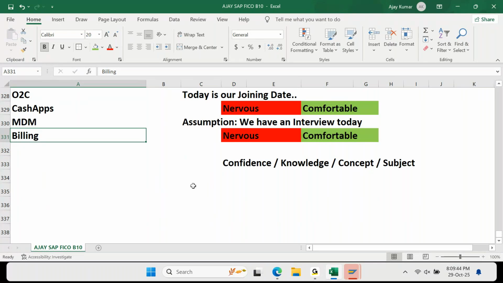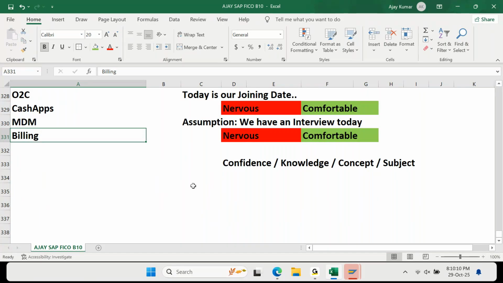If we keep these things in our mind from the beginning, right from day one, it is easy for all of us to understand, so that in the market you stand confident. As per the current market requirement, people want you to be confident on the subject, to be able to handle and manage independently. As a FICO consultant, you are always an individual contributor.